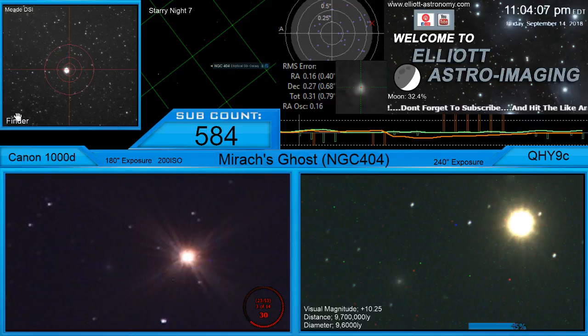And it's a very, very, very bright star. Mirach is a second magnitude star. So that's extremely bright. Considering that I'm shooting it at 240, I actually have to change it on here anyways.